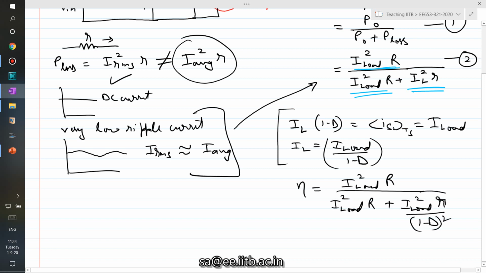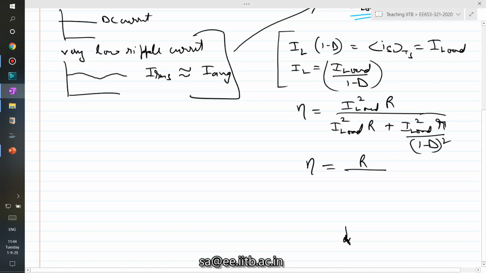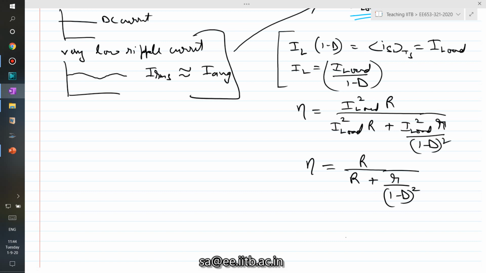I load square cancels out, and what I get is efficiency equal to R upon R plus r upon (1 minus D) square. This is the approximate expression for efficiency that we have got.